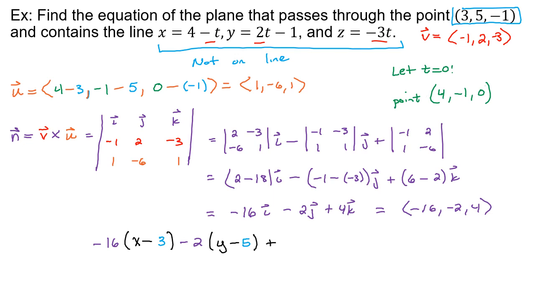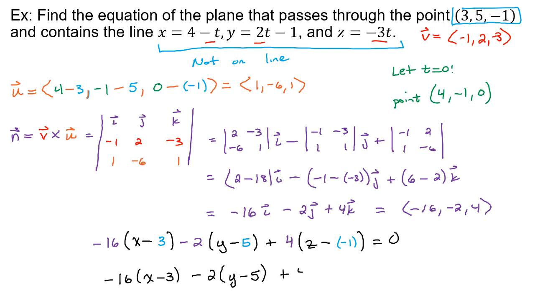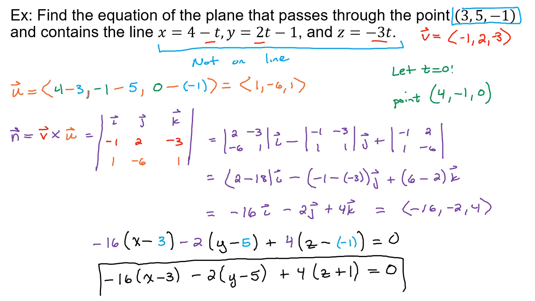Then I'll have a 4 from the normal vector times z minus, or actually plus if you want to switch the sign already, but it's a negative 1, equals 0. So I'm going to have negative 16 times x minus 3 minus 2 times y minus 5 plus 4 times z plus 1 equals 0. And that would be my scalar equation of my plane through that point with that particular line in it.